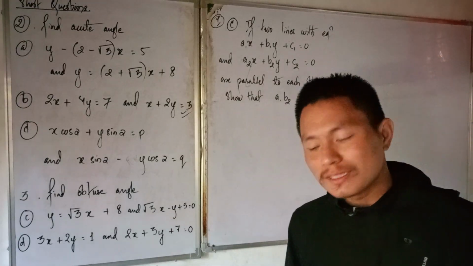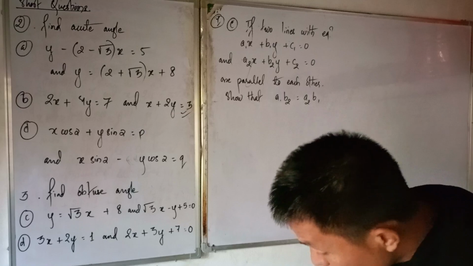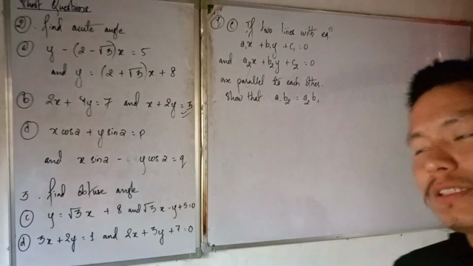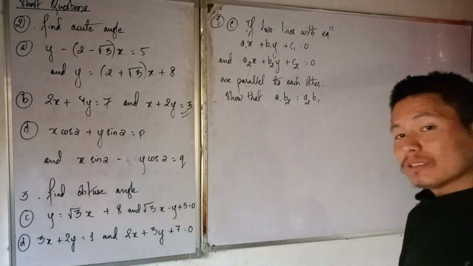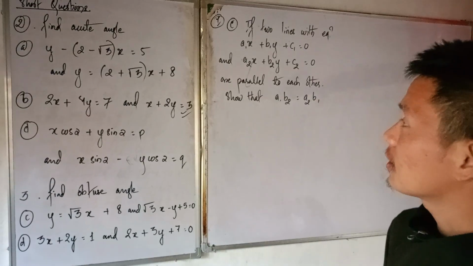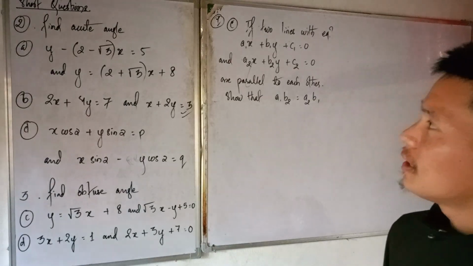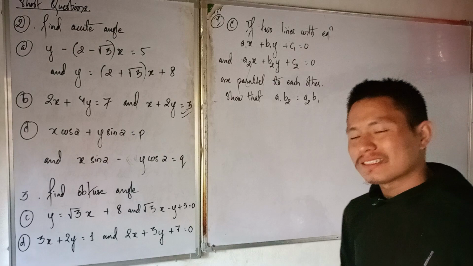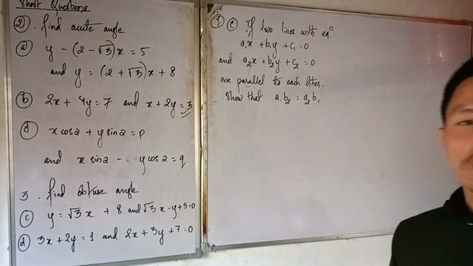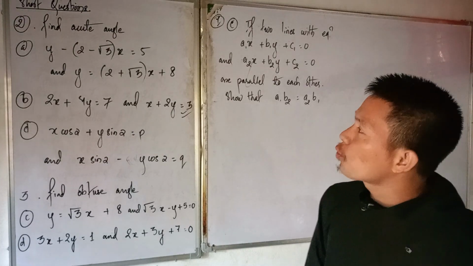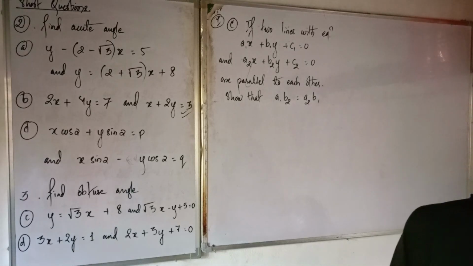the angles between any two lines, page number 166, 167. Especially this 167 is what we'll be starting. So number one, A and B, that one is very trivial, you already know that. So I'm going to start with 1C.